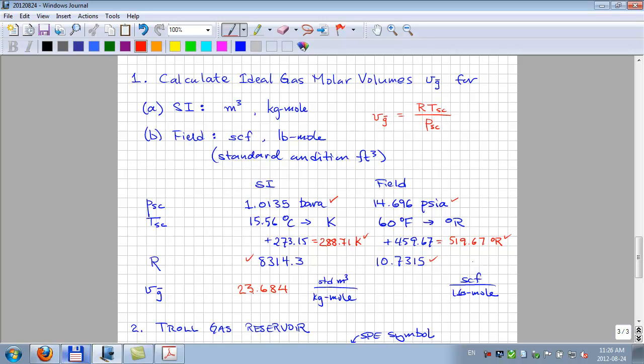684. I never remember if it's 8 or 7 or what, but okay, so 23.68 I think is probably good enough. And then for the field units, 379.48.